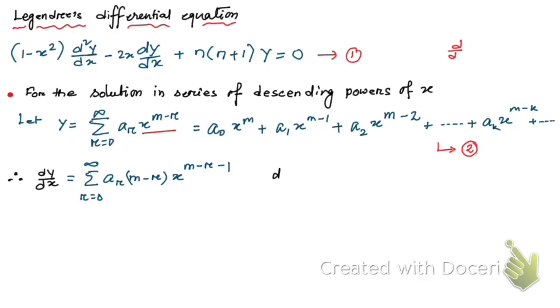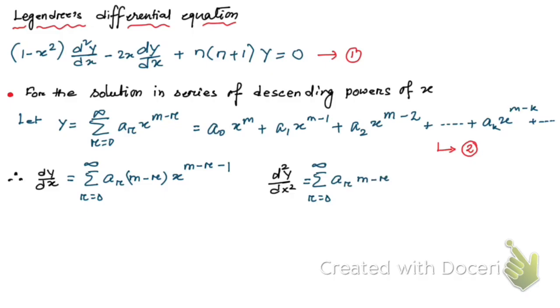So now you see, let me differentiate it again. Let me find the second order derivative. If you differentiate it again on both sides, the second order derivative of y with respect to x, then if you apply the same formula, you're gonna get summation from r is equal to 0 to infinity a_r, now m minus r.